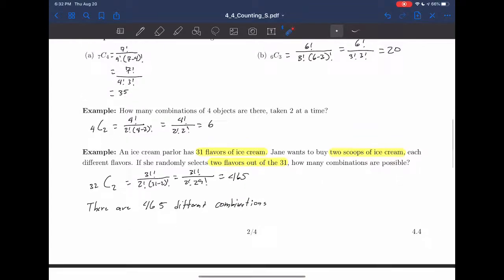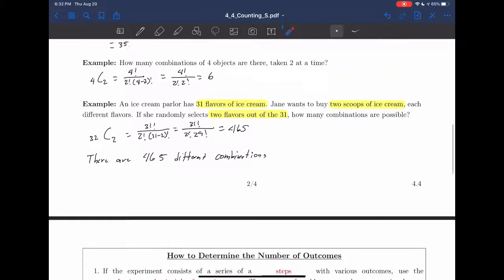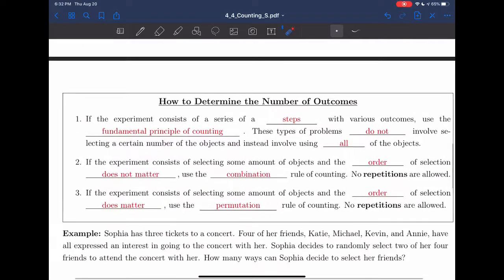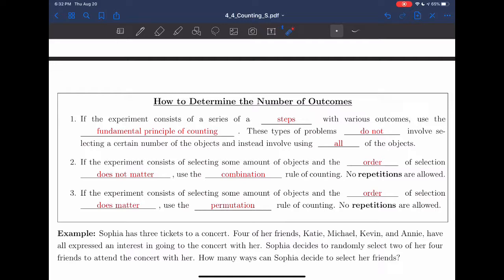So far, we learned about 3 different methods: the fundamental principle of counting, permutation, and combinations. But how do I know which one to use? Well, hopefully this little chart might help. So if the experiment consists of a series of steps with various outcomes, then use the fundamental principle of counting. These types of problems typically do not involve selecting a certain number of the objects and instead involve using all of the objects.